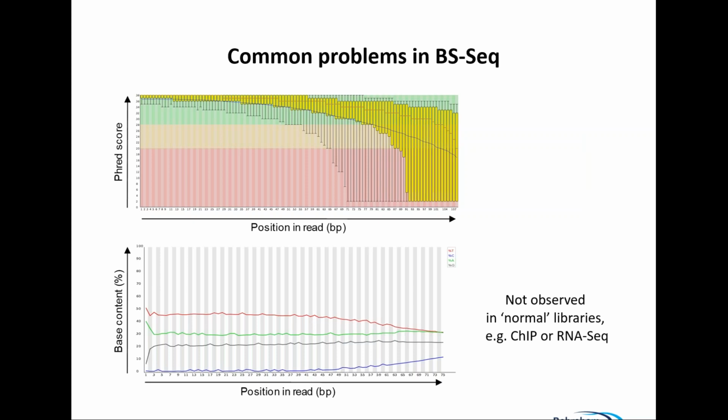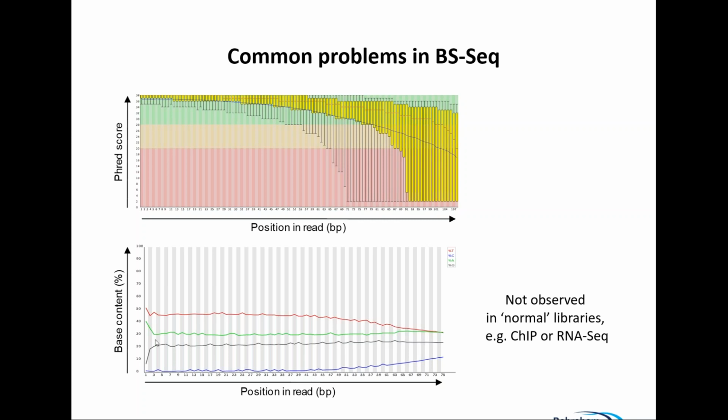Then there are also common problems in bisulfite-seq, and this is actually probably the same for all kinds of other sequencing, but this becomes really quite apparent only in bisulfite-seq, because you do get a decline of the overall quality towards the end of a read, and the longer the read, the poorer the qualities normally.